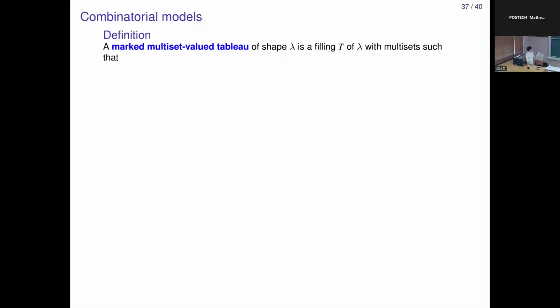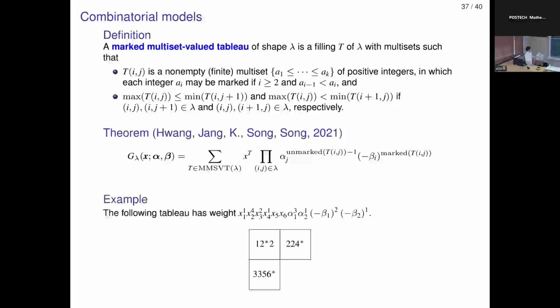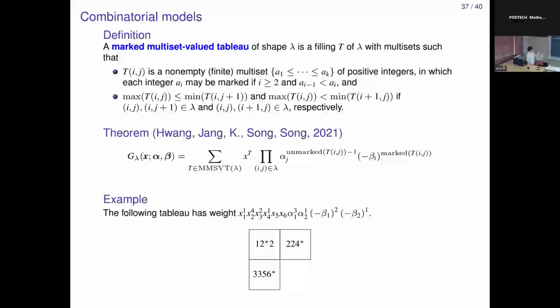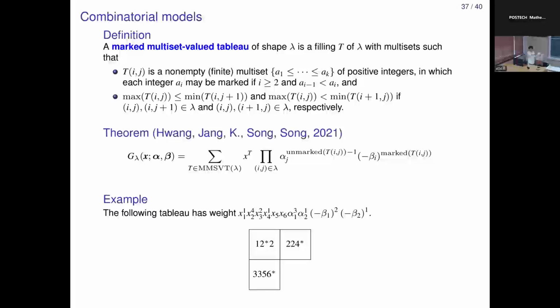And we have combinatorial models. Let me tell you, without details, the object is the marked multiset-valued tableau. Before, we saw set-valued tableaux, where each cell is filled with a set, but now it's a multiset.